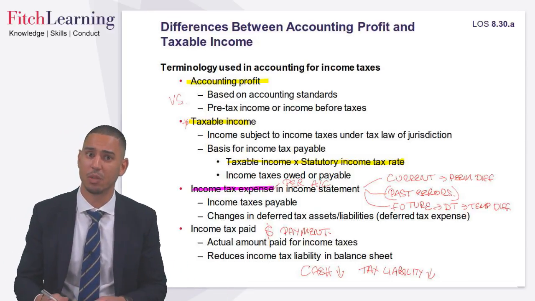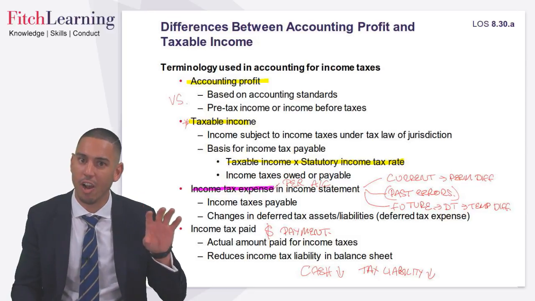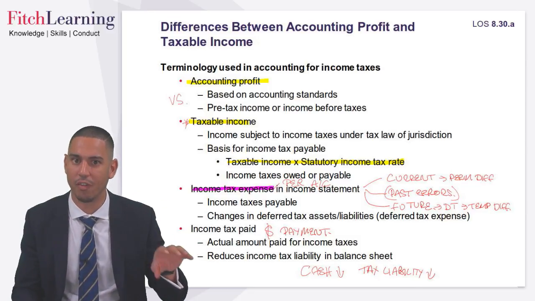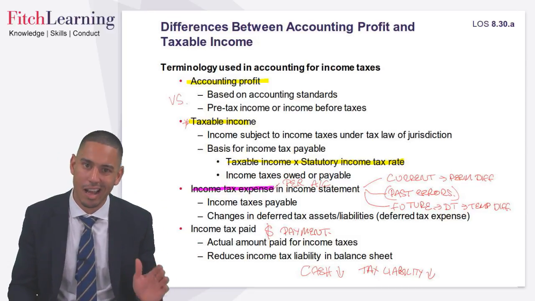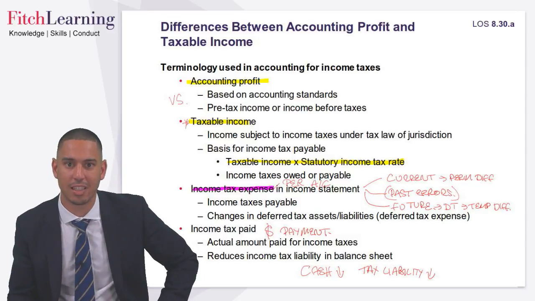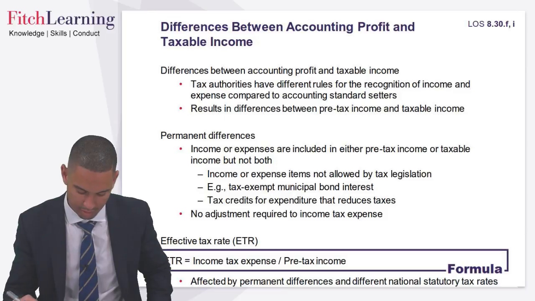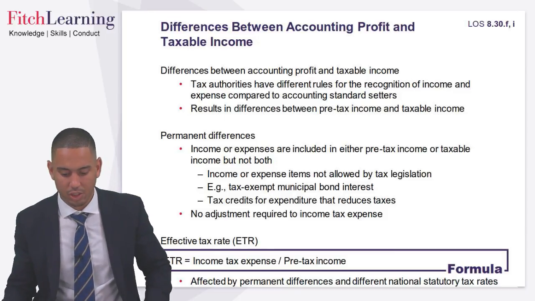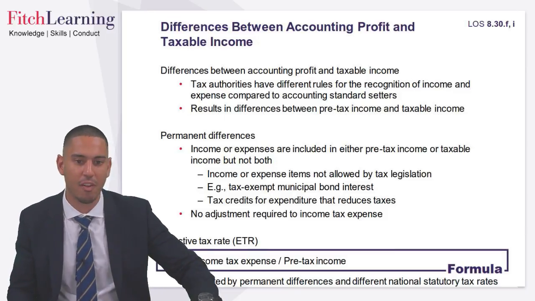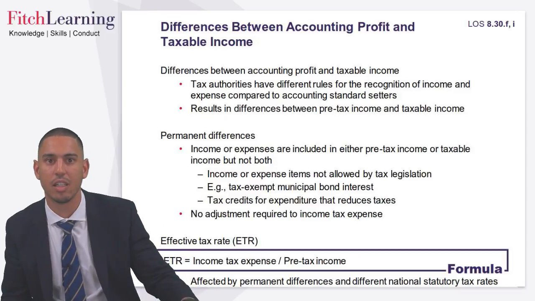And what we're going to do is we're going to look at the current portion of our tax expense, and then we're going to focus on the deferred tax portion. So we're going to have a look at that current portion first.